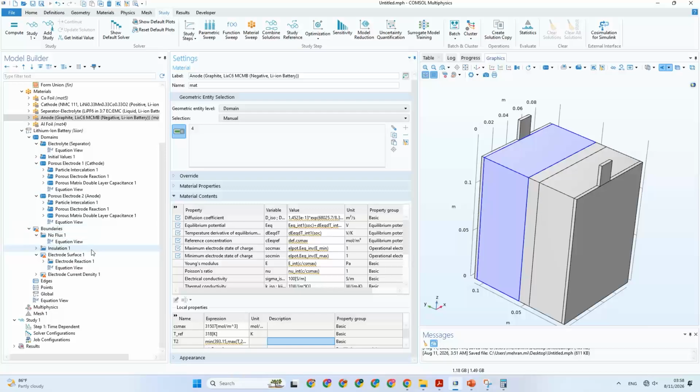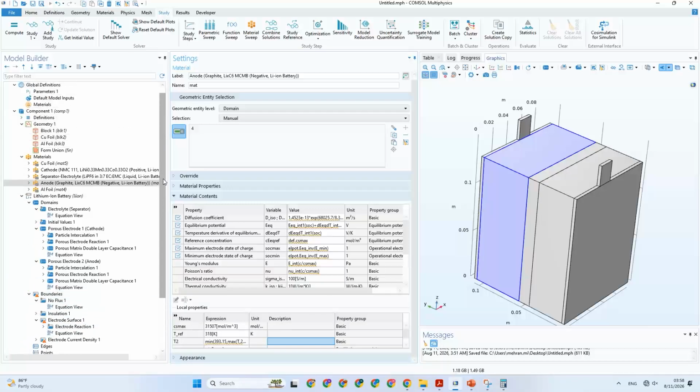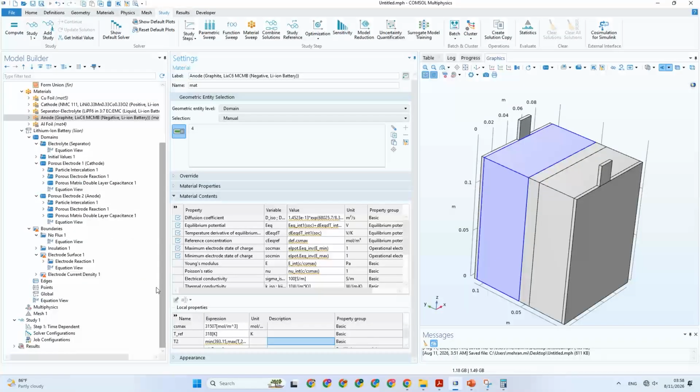By adding the temperature, it can be added in another component, but not for here.